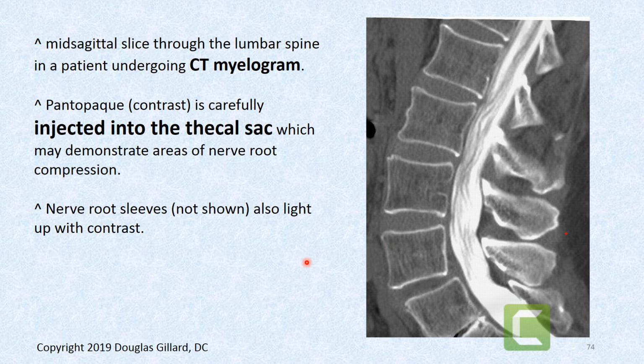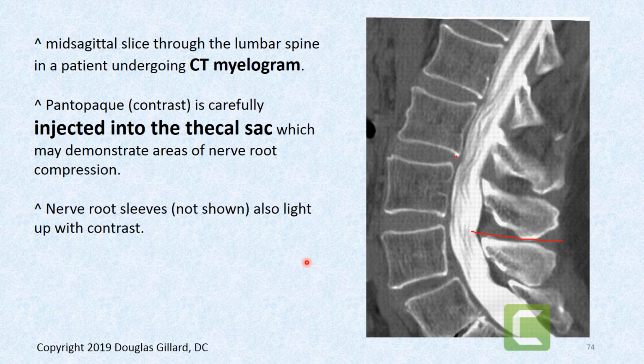Very carefully, you poke a needle in here, pierce the dura, hope it doesn't leak too much, and you inject a contrast inside the thecal sac. Contrast glows white on CT and on fluoroscopy. And then you have a nice outline of the thecal sac.